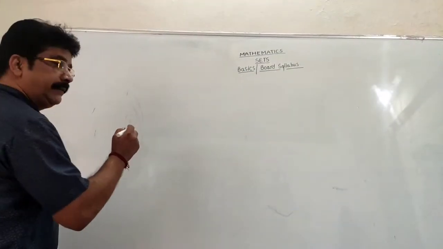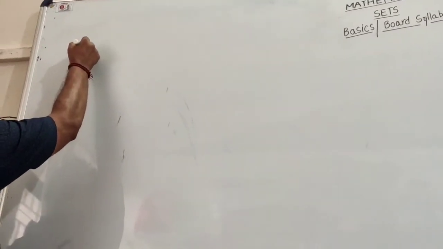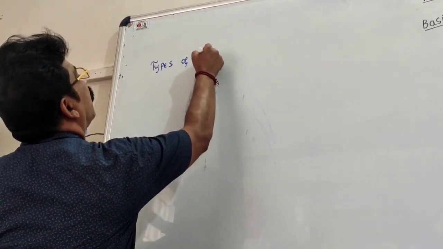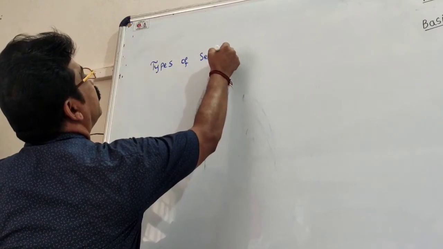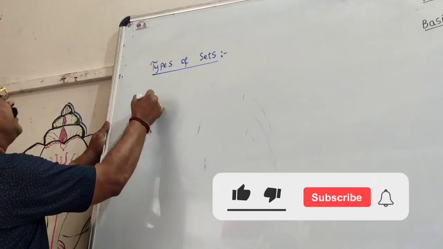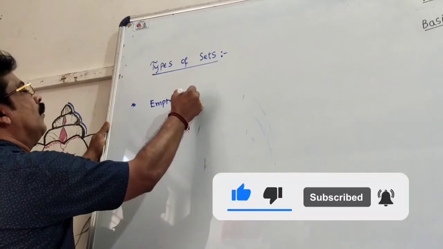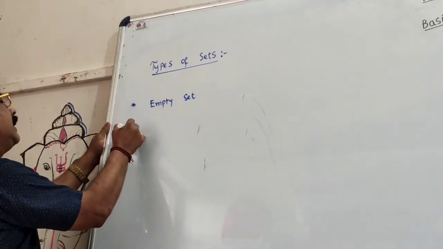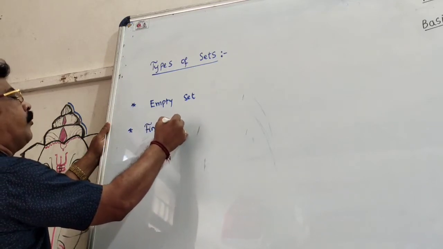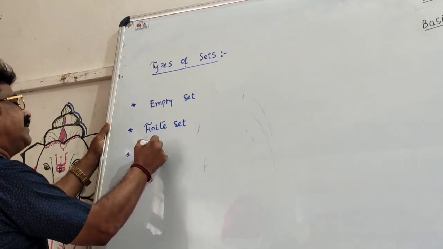Next, different types of sets. Namely, number one, empty set. Later, finite set. Next, infinite set.